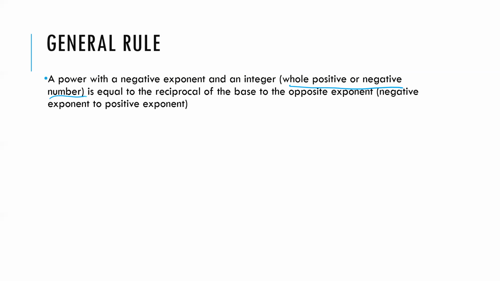So basically what I do is I find the reciprocal of the base, and then I raise it to the opposite exponent. So I switch the sign of the exponent. Okay, so that would be the negative exponent becoming the positive exponent, right?